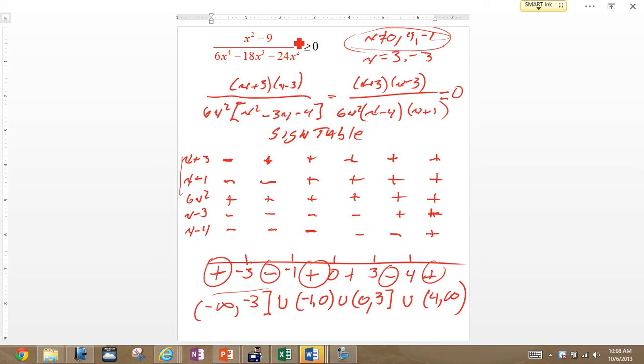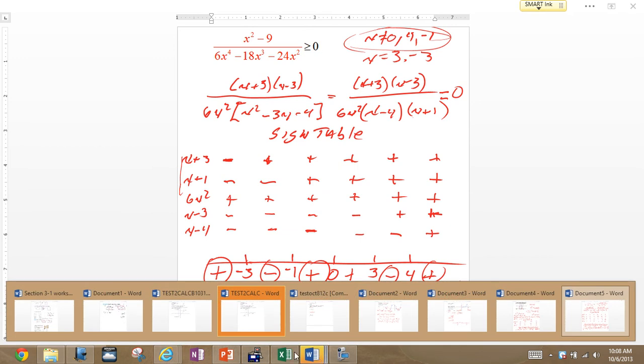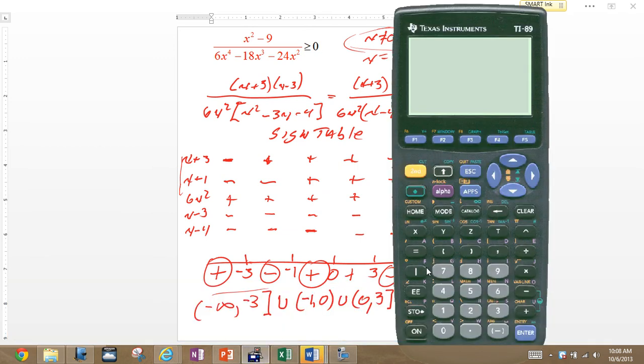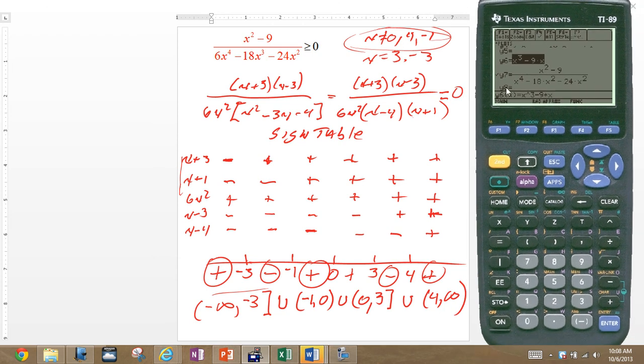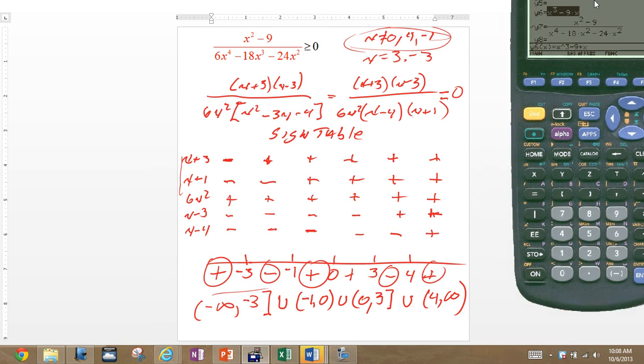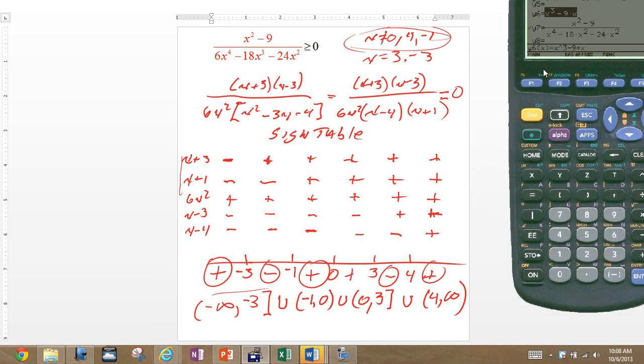Now we completed that, and we want to take a look at that from the graph. So I have put this into my graph, as we can see over here in the y6 value. When I graphed it, I redefined my window because it gets a little scrunched up.